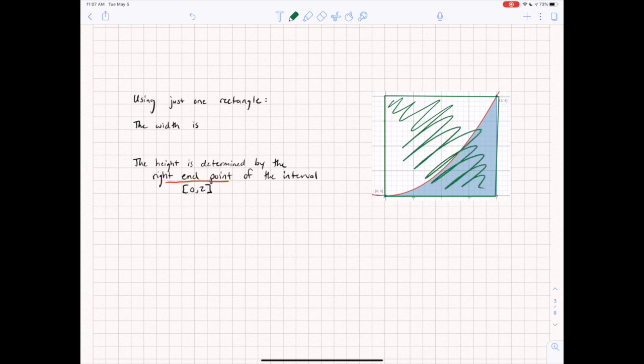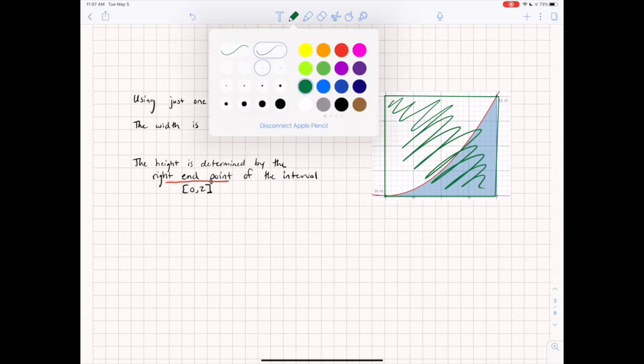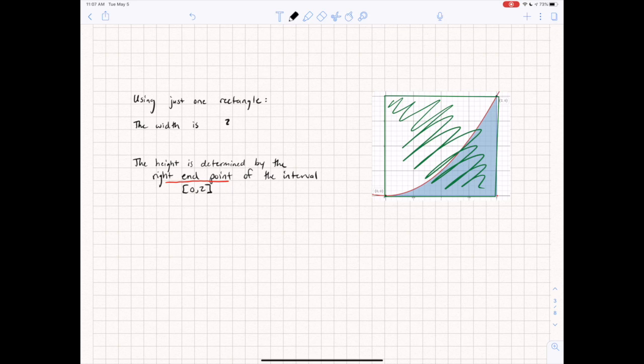All right, so let's figure out what the area of this box is. The width of this box is determined by 2 minus 0, the overall interval, divided by 1. So this would be 2 over 1, or 2 units. And then the height is determined by, again, the right endpoint. The interval I was looking at was from 0 to 2, so I'm going to use this value here to go up and draw my height.